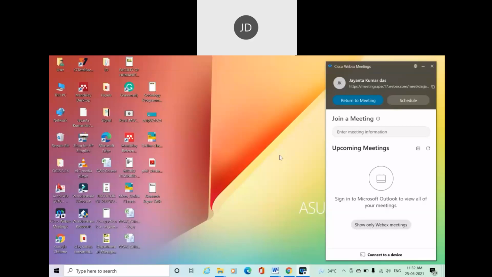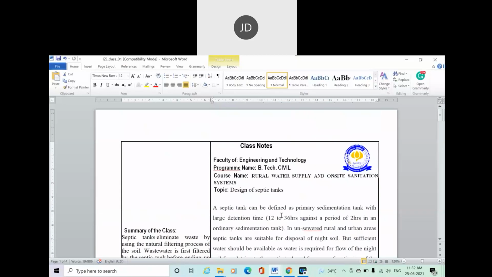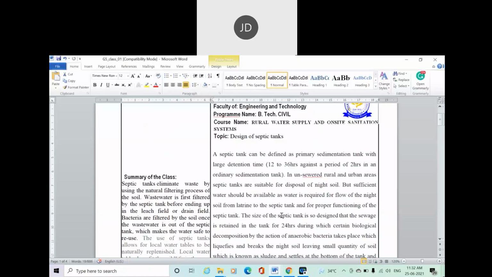Let's share my screen first, then we'll discuss the different components of a septic tank. I hope it is visible to you. Till now we have discussed the basics of a septic tank.